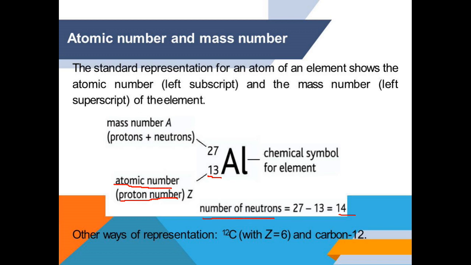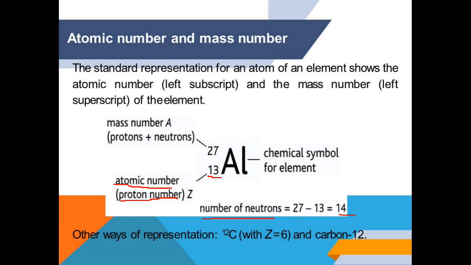And as you can see over here, this is the total protons. Since it is a neutral atom, I can say that the total proton number is equivalent to the total electrons in this element. Therefore, this is also called the atomic number.